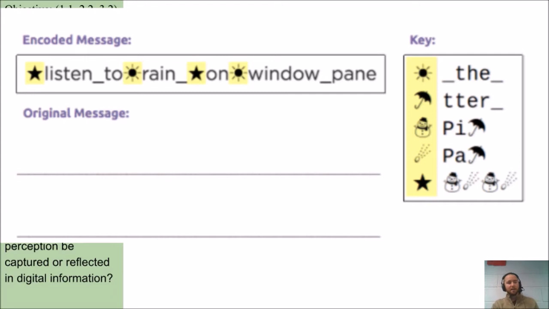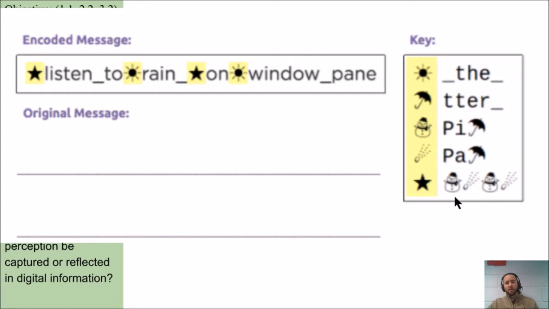So right here is what the compression widget will look like on your end. You'll have some symbols and then words, and your job is to decode that into an original message. So if you look here, the star is a substitute symbol for the snowman, and I think that's a snow falling.